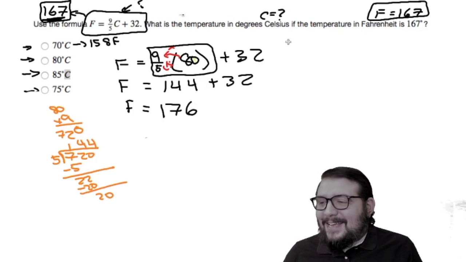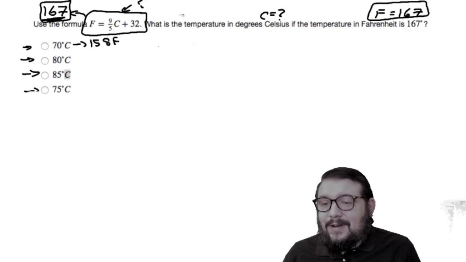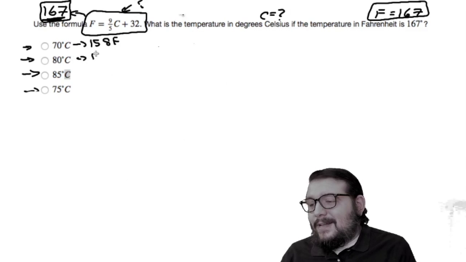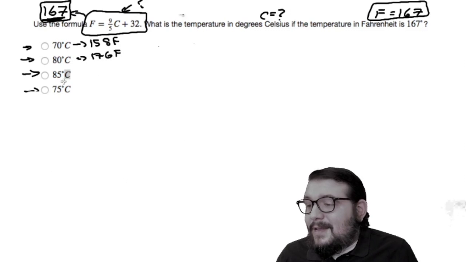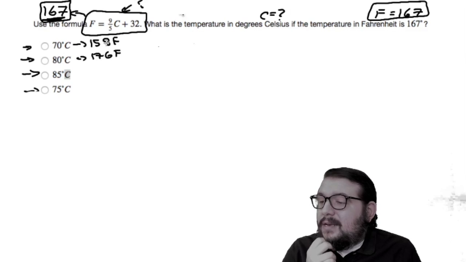What are you thinking? All right, well, 176. Okay, so here we go. We're getting rid of it again, and we're going to write down our note. 176. Now we've got to try 85.